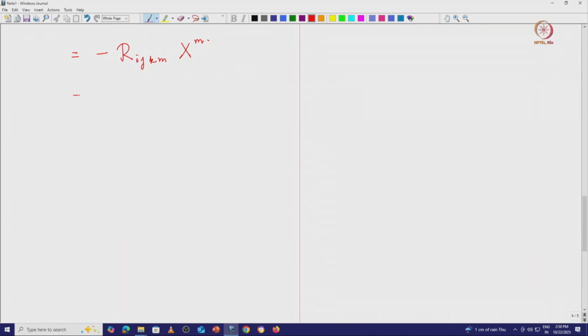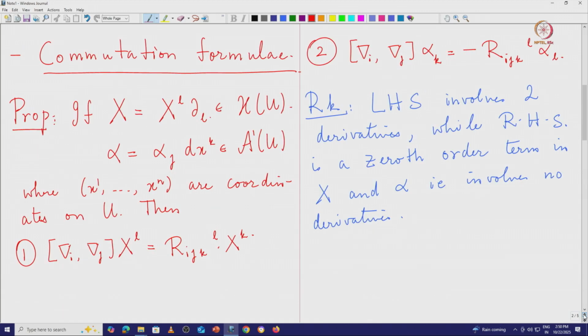So this is the same as minus R_ijk^l alpha_l. So this is what I had claimed in the proposition. If you go back to the statement of the proposition, that is what we wanted to prove, right.